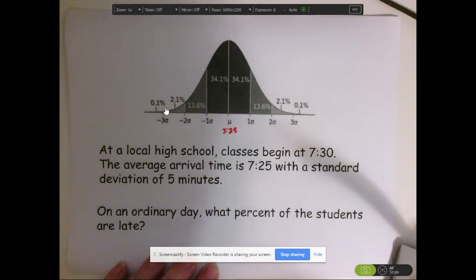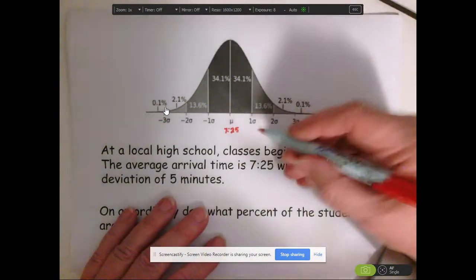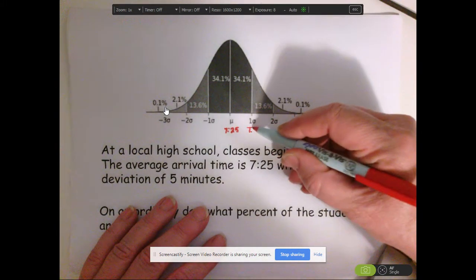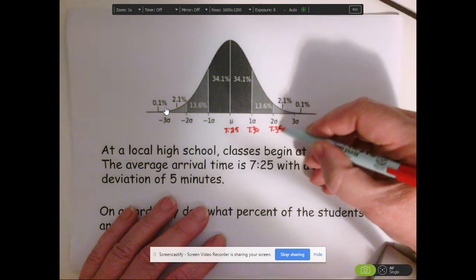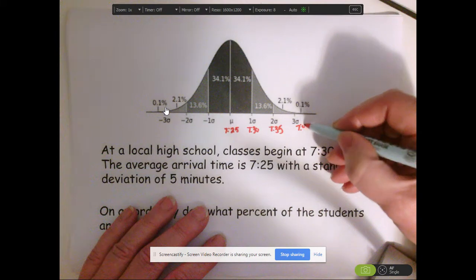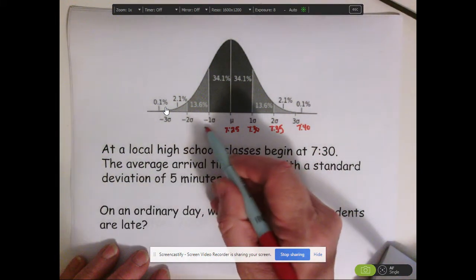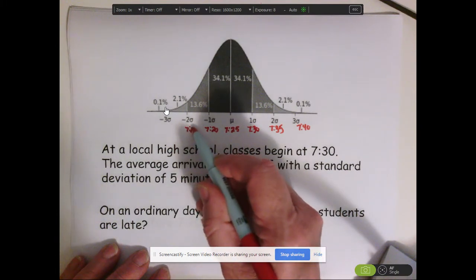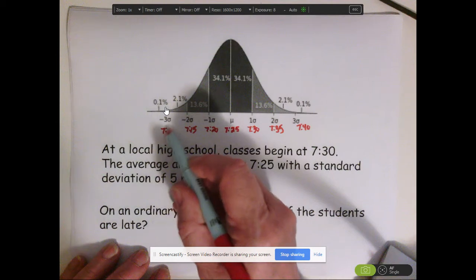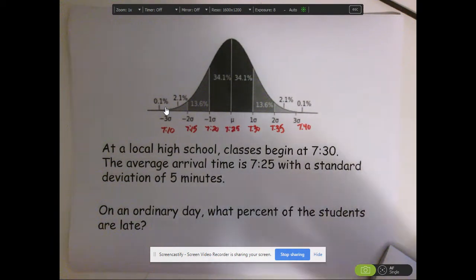Well, each standard deviation is 5 minutes. So this here would be at 7:30, this here at 7:35, this here at 7:40. In the opposite direction, this here would be at 7:20, 7:15, and 7:10.